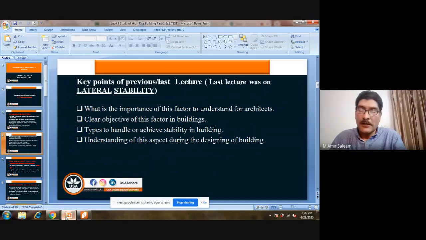We already understand dynamic load: the wind load and the earthquake load. These two basic aspects of dynamic load will affect the building if it is not clearly designed with respect to lateral stability. So it is very difficult to control and save the building.